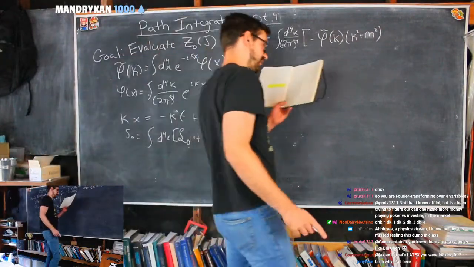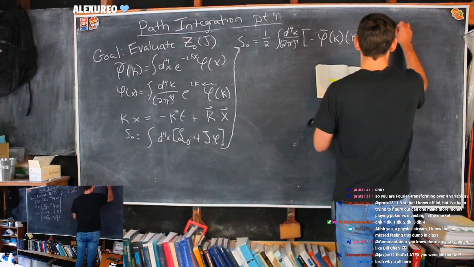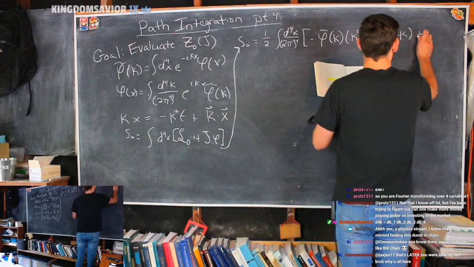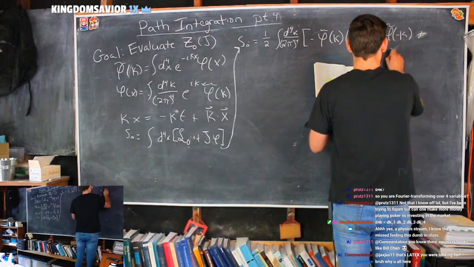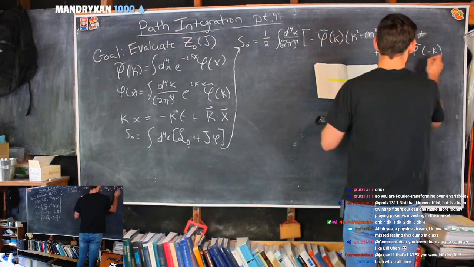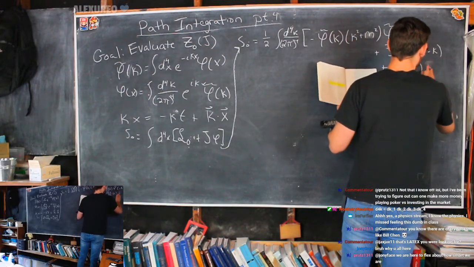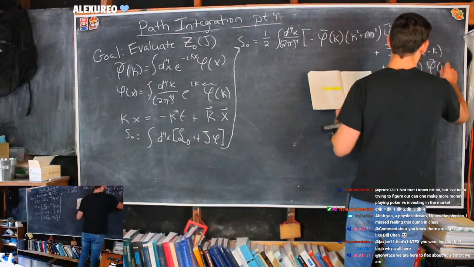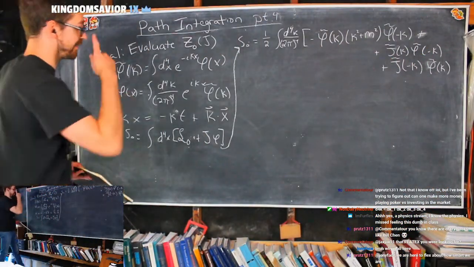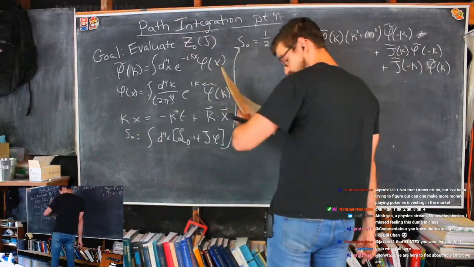And again, we're doing this simply because it's a Fourier transformation, so we can do it as long as it's a legitimate transformation, which this one is. Then we plus j squiggly k, phi squiggly minus k, plus j squiggly minus k, phi squiggly k. So again, just like last week, we have our Fourier transform, we get something that looks like this, and then we get our 2 source terms multiplied by our fields.